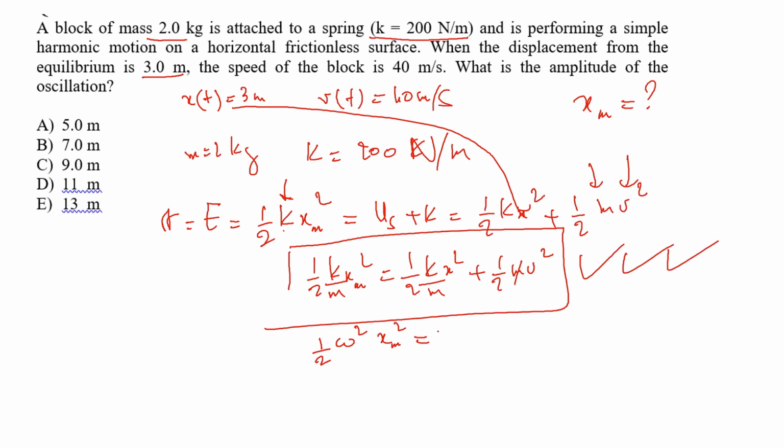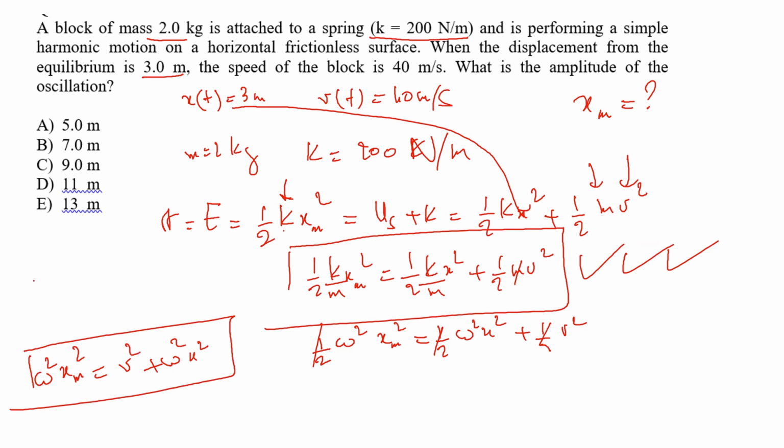Okay. This will give me half omega square x square plus half v square. And this is what I told you yesterday. If I simplify by half, you end up with, of course, basically omega square x max square is equal to v square plus omega square x square. And this is true all the time.